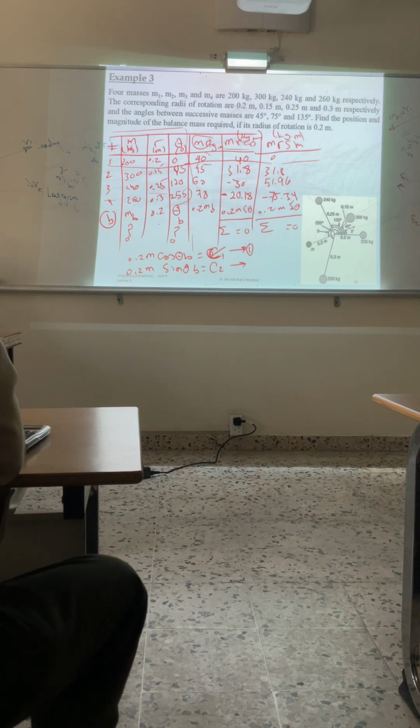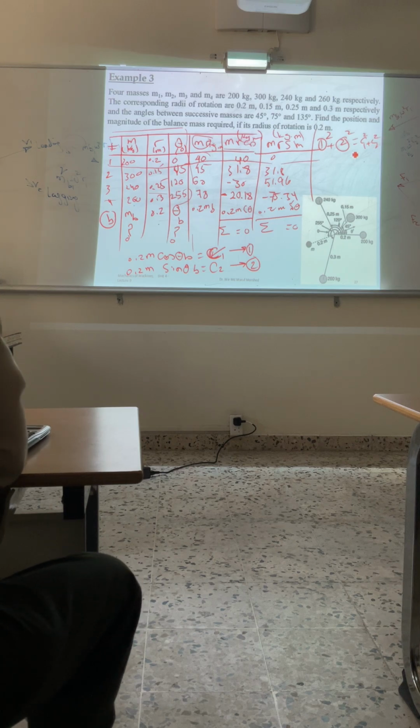It could be positive or negative, I don't know. Then you know how to deal with these two equations. First of all, you square both of them and you add them up. If you square 1 and 2, it should give you C1 square plus C2 square. Am I right or wrong?